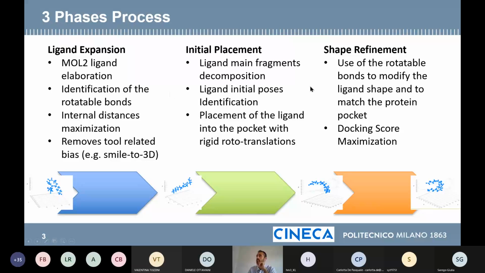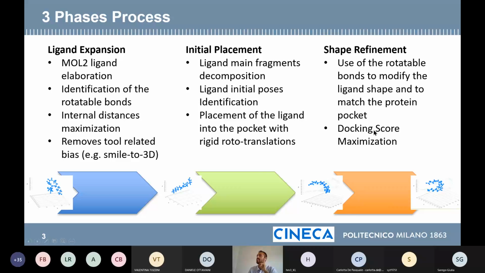Then you go to the initial placement, which means you try initial poses. You identify initial poses of the ligand, and then you start to place it into the pocket using rigid rototranslation. Okay, so you perform the initial placement inside this pocket.